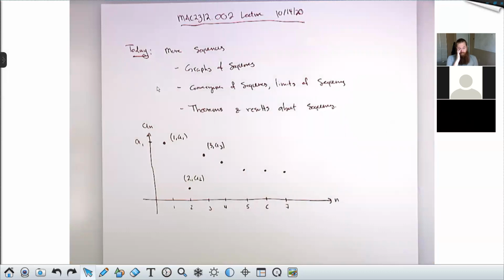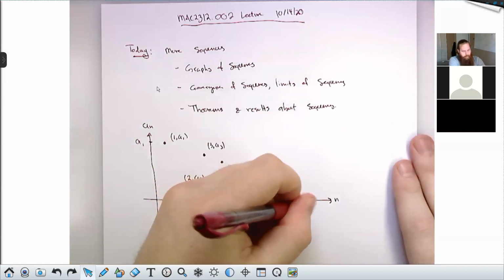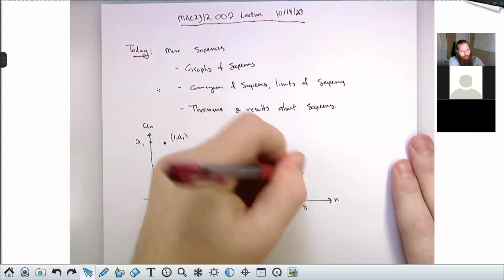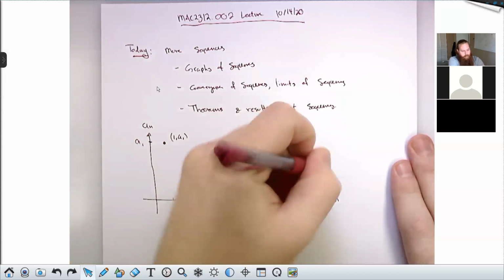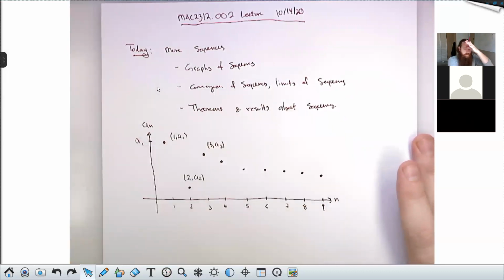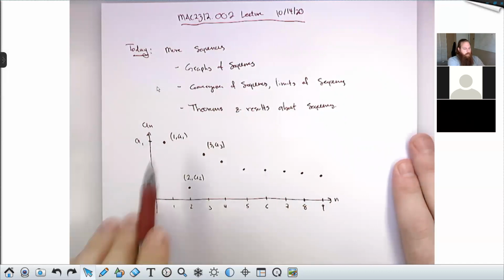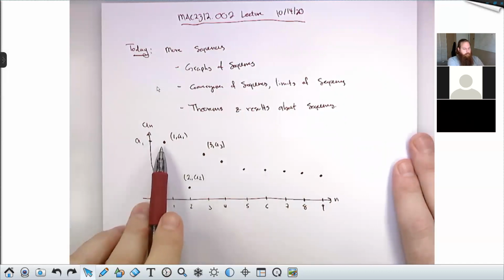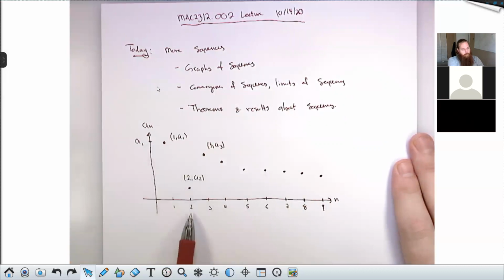Something like this. So the y value of each of these points is the value of that term of the sequence. So if A1 is 1, then this would be the point 1, 1. If A2 is 1/5, then this would be the point 2, 1/5.